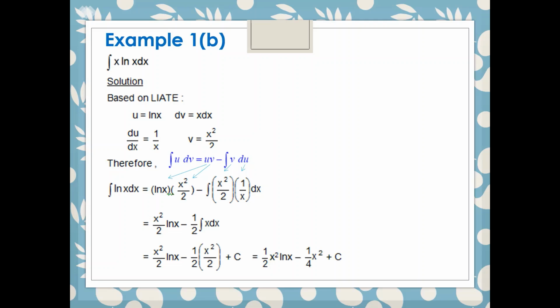Integrate x with respect to x, the answer is x squared over 2. Simplify the whole answer, you will obtain 1 over 2 x squared ln x minus 1 over 4 x squared plus c as the final answer.